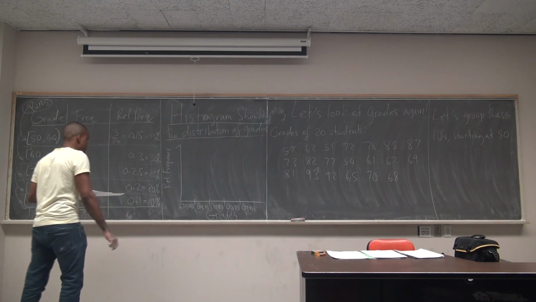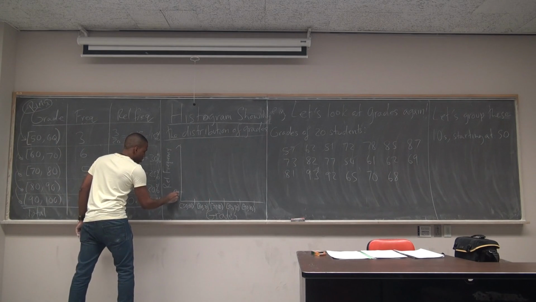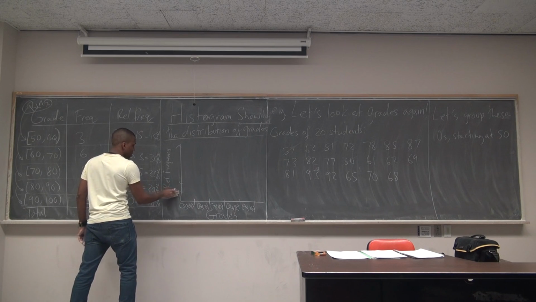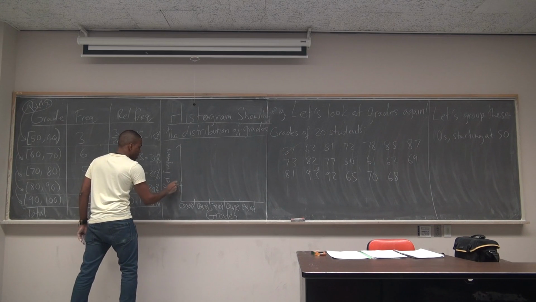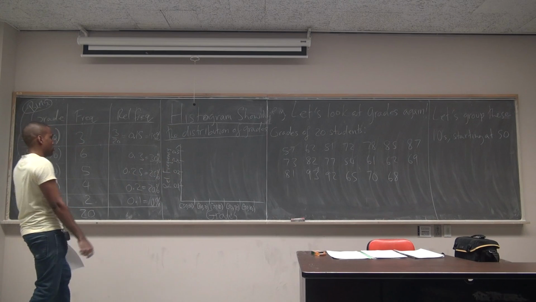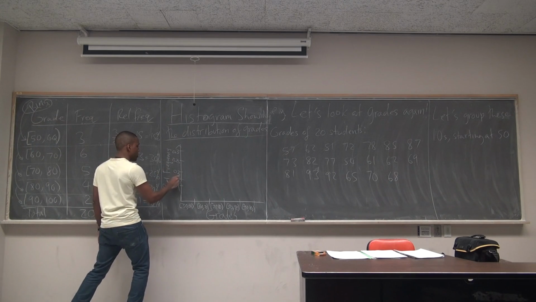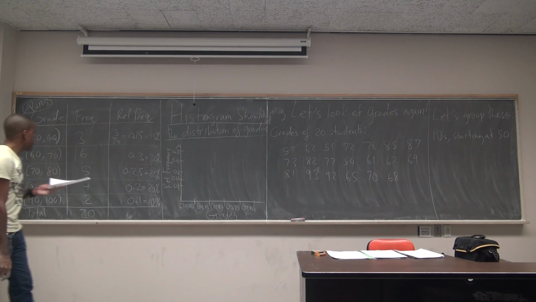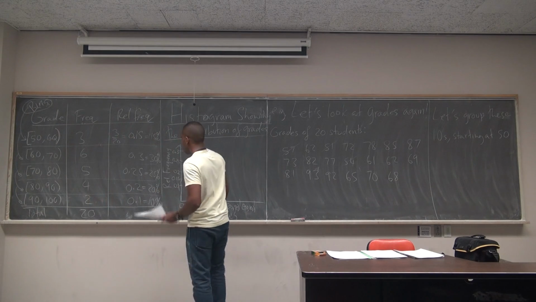And so we have 0.1, 0.2, 0.25, 0.3. In the 50 to 60, we have 0.15.